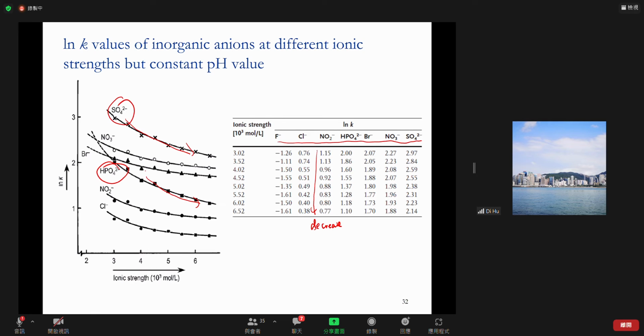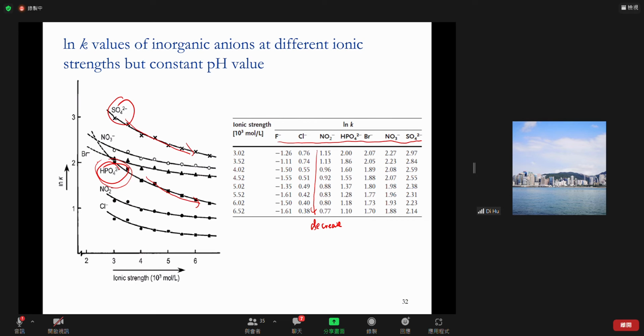And the elution order of sulfate and hydrogen phosphate can even change. When the ionic strength changes from 2 times 10 to the -3 mole per liter to 4 times 10 to the -3 mole per liter, at low ionic strength the hydrogen phosphate comes out after nitrate.